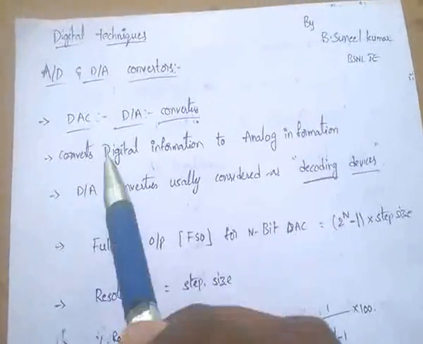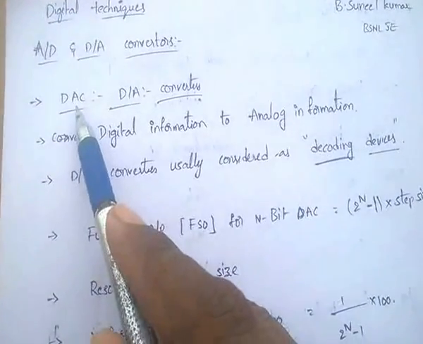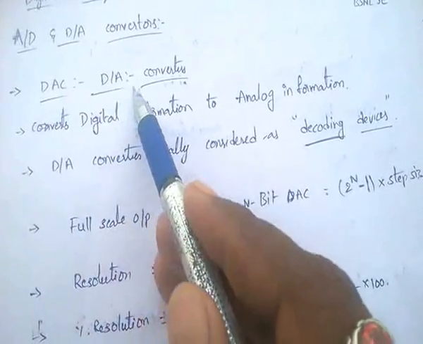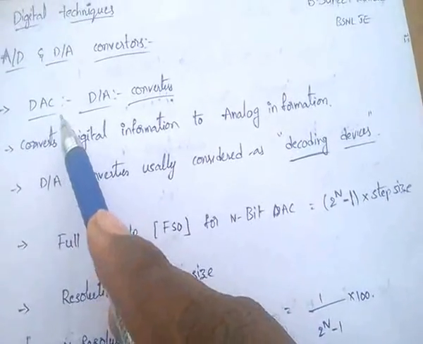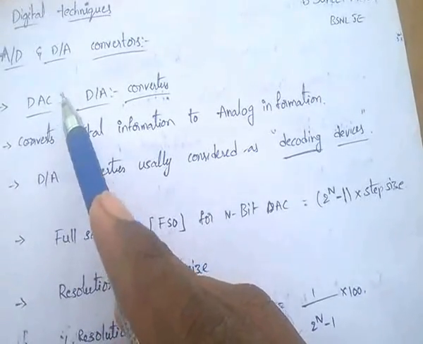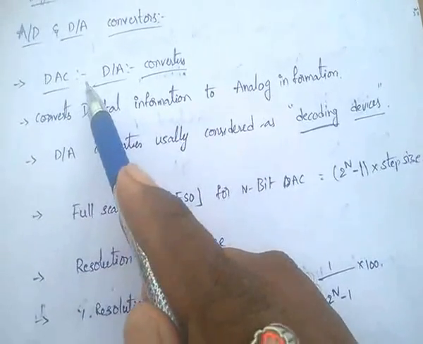Coming to the DAC. DAC means digital to analog converter, that is D to A converters. The digital information is converted to analog information by using this DAC.